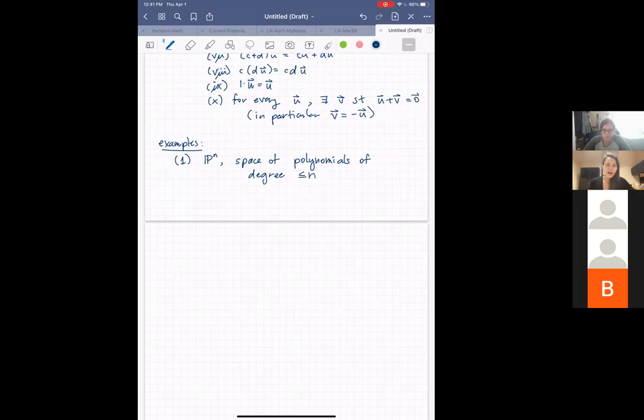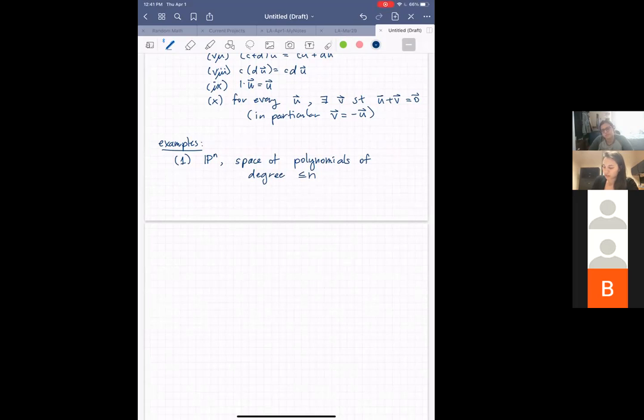I believe that this is slightly different than the definition given in the textbook for this example, because they say polynomials strictly of degree n, but I think that's kind of non-standard. This is more the space that you'll see more often, so I'm going to go with this.